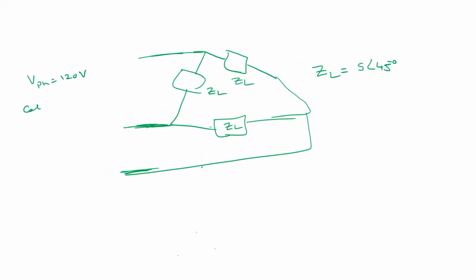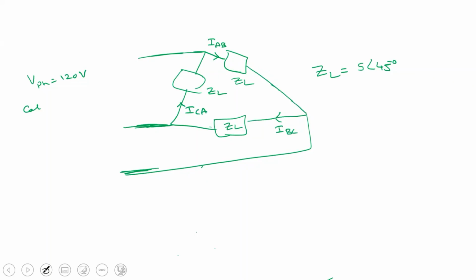Calculate, right? Assume this is IAB, this is IBC, and this is ICA. This is A phase, B phase, and C phase.